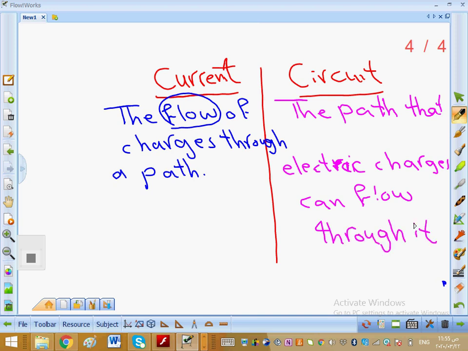So easy here. The path we call it circuit, and the flow of charges we call it current.